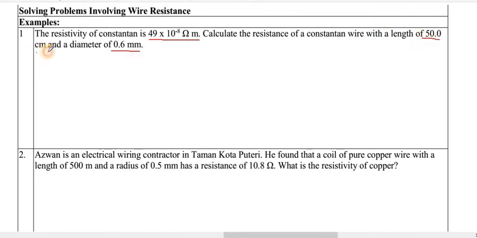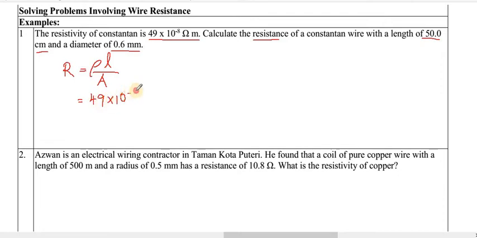Alright, so the equation that we get from the relationship is resistance equals the resistivity times the length over the cross-sectional area.